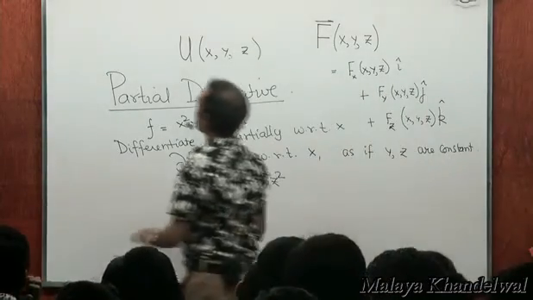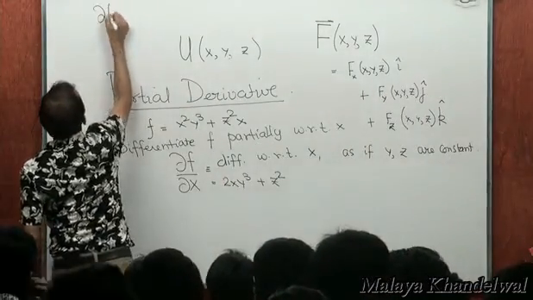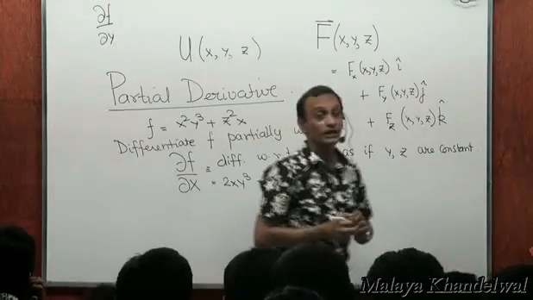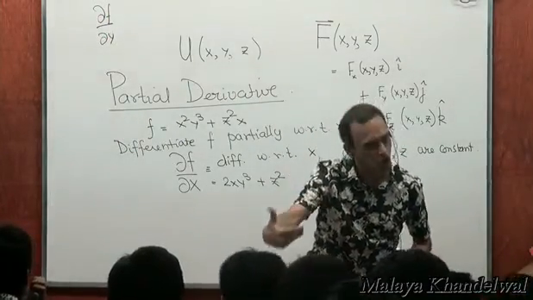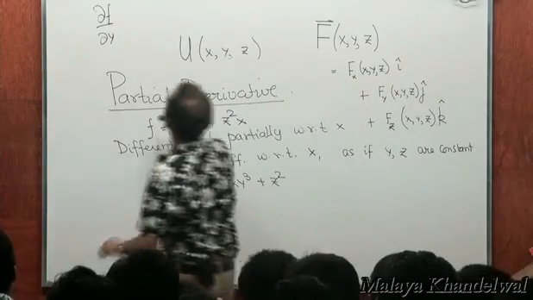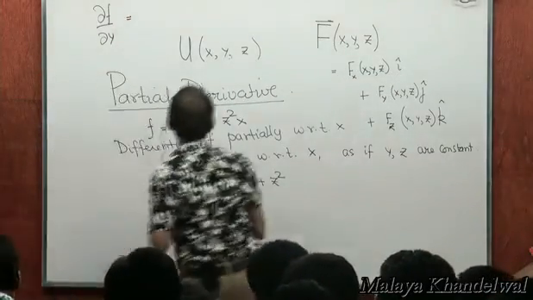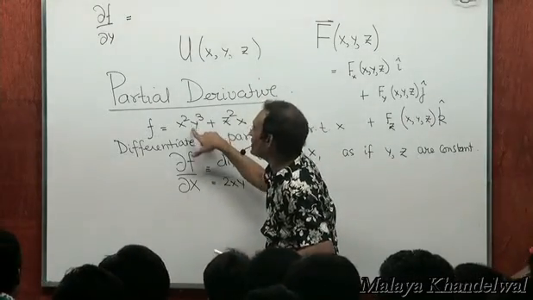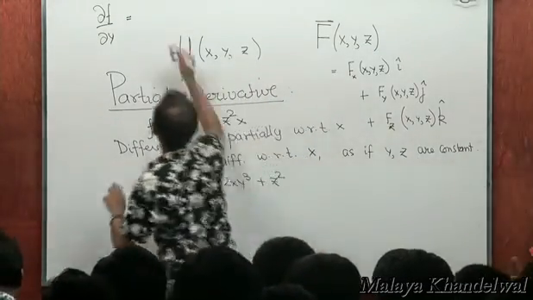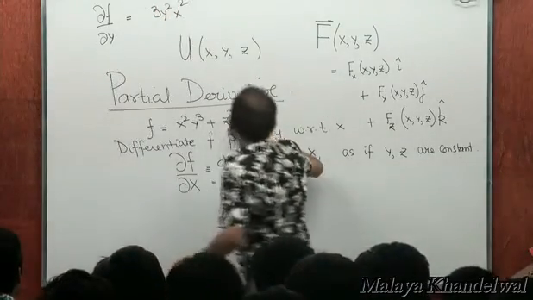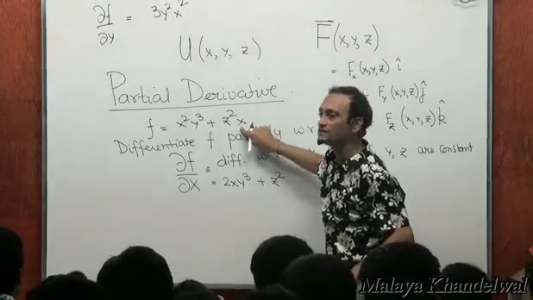If I said dou f dou y, that means differentiate f with respect to y partially, as if x and z are constants. So if you do this with x and z constants, then this would be 3y squared x squared. There is no y here, that's going to be 0.